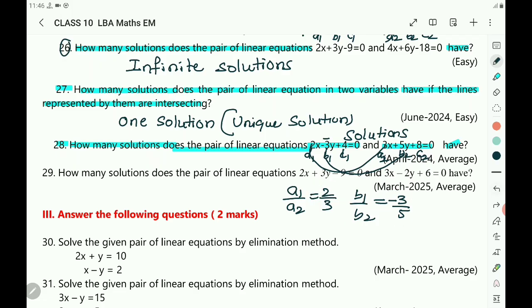So you got A1 by A2 not equal to B1 by B2. Then how many solutions? Unique solution. Write the answer: unique solution or one solution.